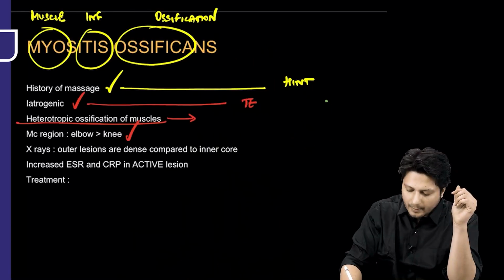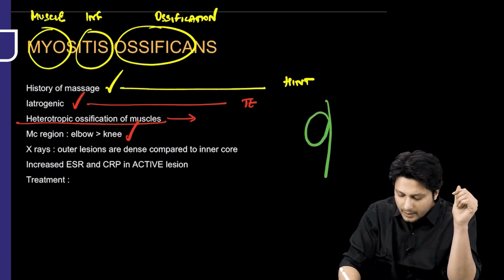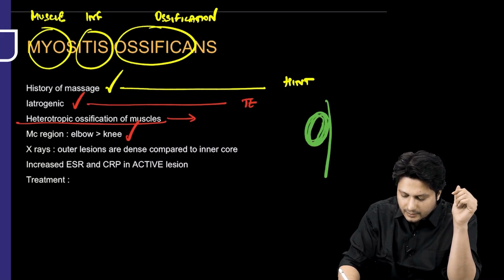Then, as far as X-rays are concerned, although the real identification of these X-rays is going to be discussed when we compare it with the tumor, just try to understand at this point of time. Imagine this is a muscle and this is a myositis ossificans lesion. Now the lesion is having a greater density at the edges.